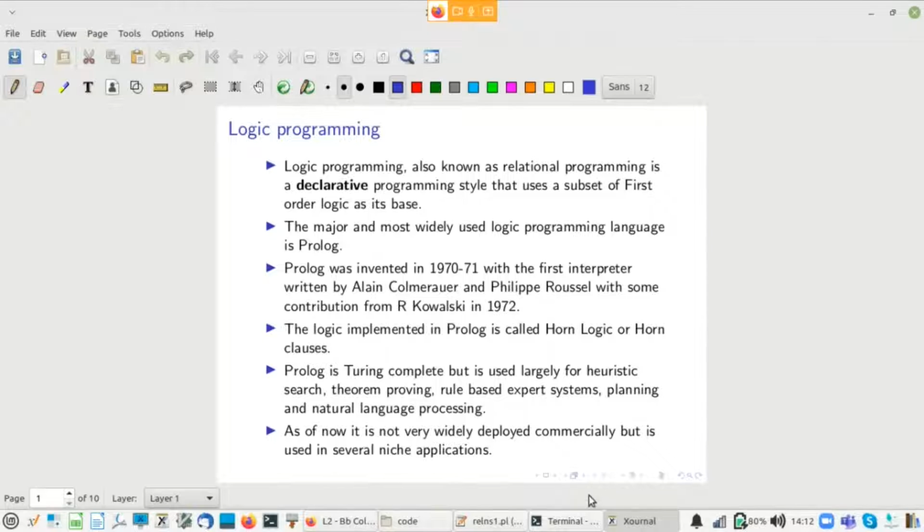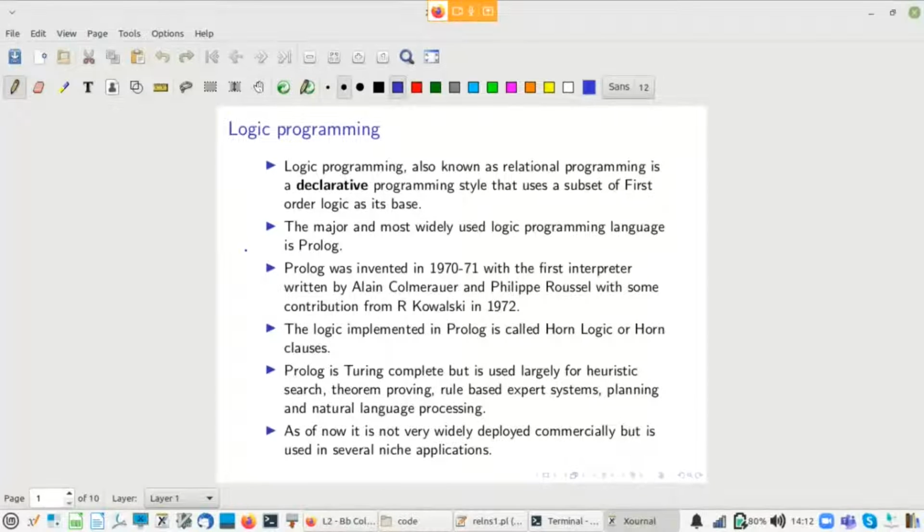Okay, so this whole style of programming started in around 1970, and this language called Prolog was invented in 1971 by the French computer scientists Alain Colmerauer and Philippe Roussel, right? Some contributions were also made by Robert Kowalski, who was in England at that time.